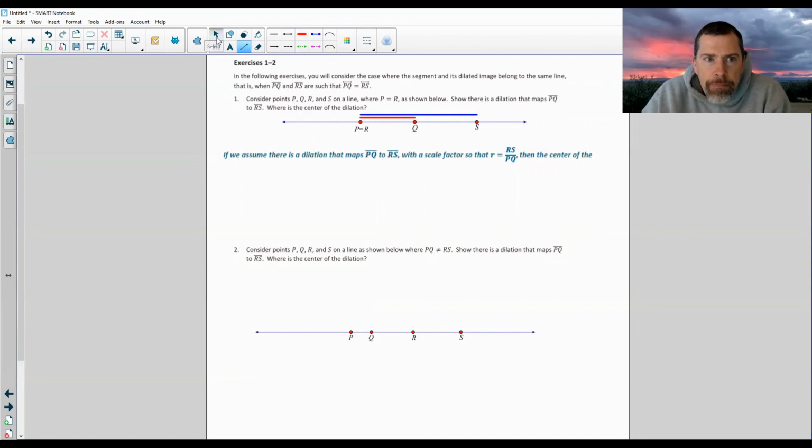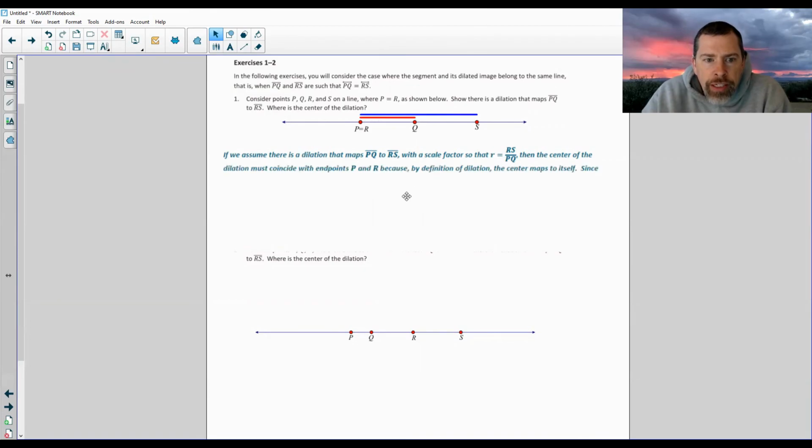Okay. So if we have segment PQ, and it's not PS, but RS, because P is R, it is PS, but it's also RS, with a scale factor so that the scale factor r equals the length of RS divided by the length of PQ, then the center of the dilation must coincide with the endpoint P and R, because by definition of a dilation, the center maps to itself.